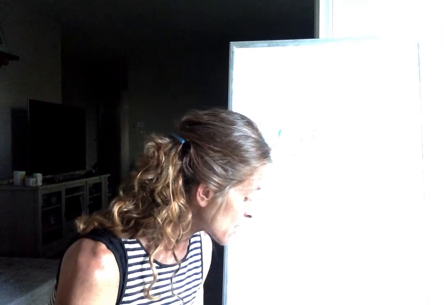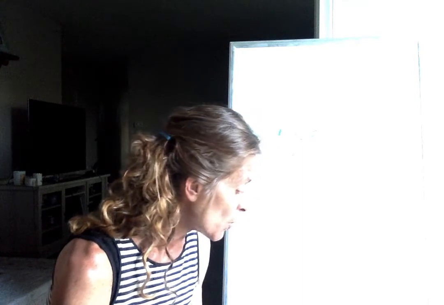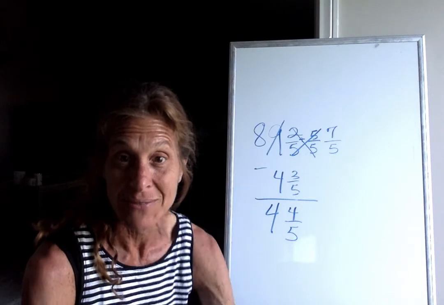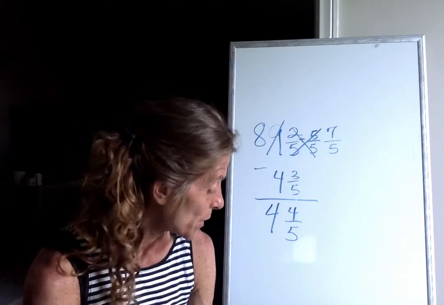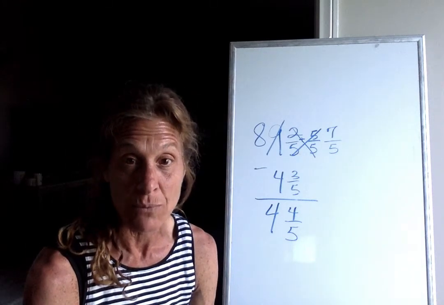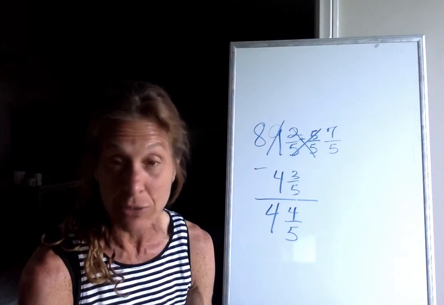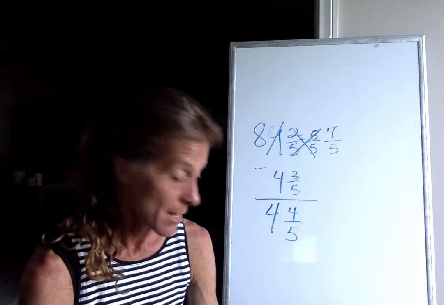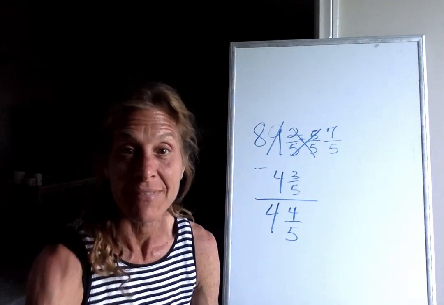Page 306, you are doing more adding and subtracting, and you are turning them into mixed numbers, okay? So look at page 305 for some review. Watch this video over if you need to. That's why they're here, is to help you, okay? And until the next one.